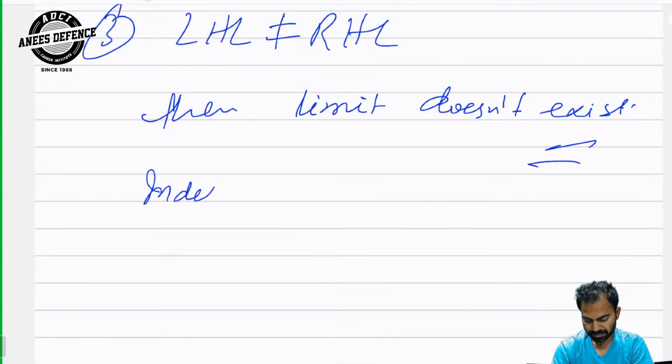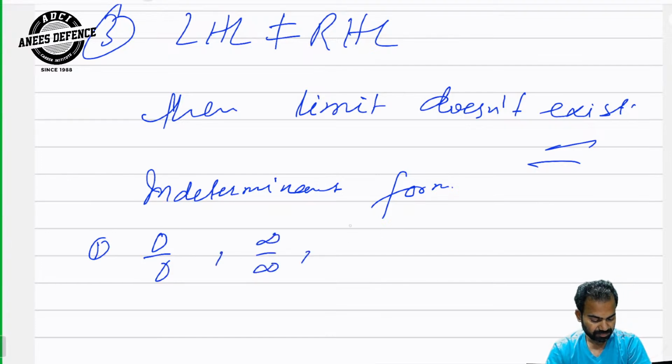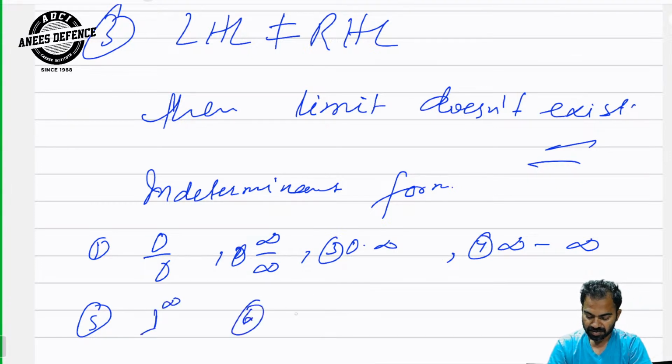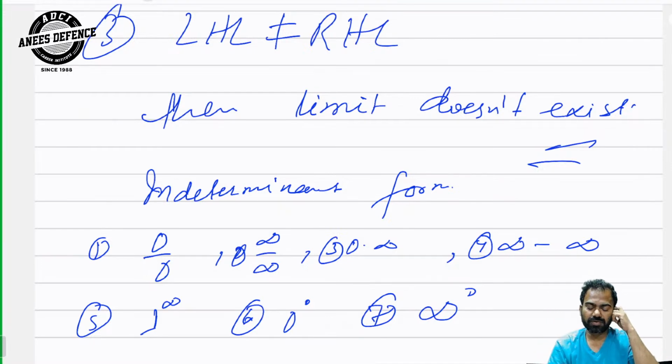Indeterminate forms. Number 1 is 0 by 0, 2 is infinity by infinity, 3 is 0 into infinity, 4 is infinity minus infinity, 5 is 1 to the infinity, 6 is 0 to the 0, 7 is infinity to the power 0.